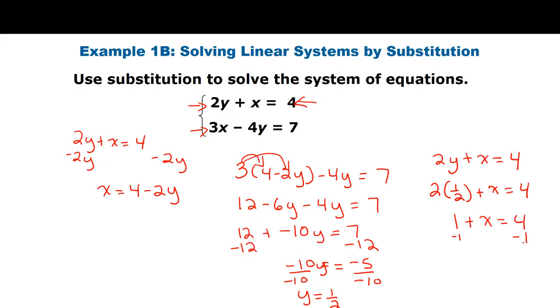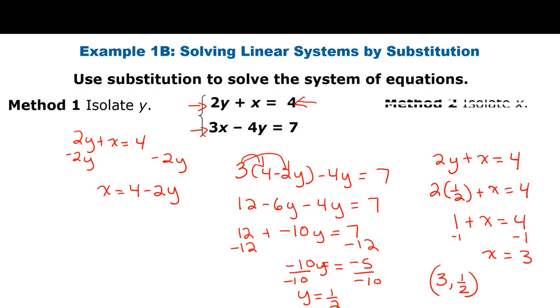Subtract 1 from both sides. So x equals 3. So our ordered pair is going to be (3, 1/2). And that is the solution for this problem. The solution is the ordered pair (3, 1/2). And again, you can use your calculator.